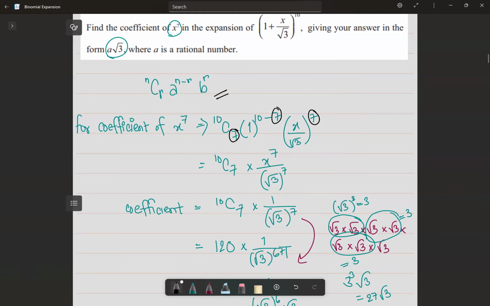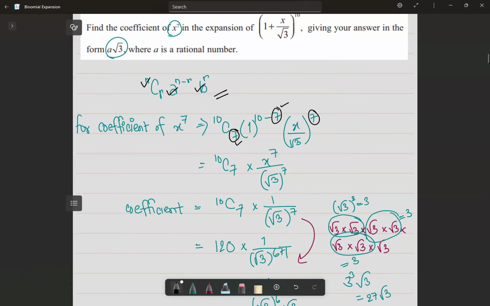And then we substituted all the other values. We put the value of n, we put the value of a, we put the value of b. After that, we saw that for x to the power 7, the value of r must be 7. So we put 7 in here. Now, if the value of r is 7, then we substituted r as 7 in here, r as 7 in here. Now, we simplified it.